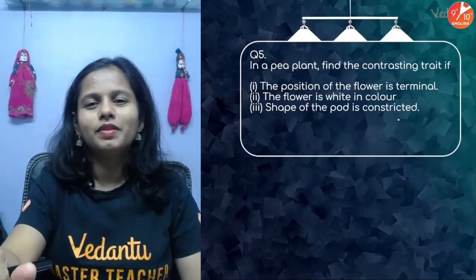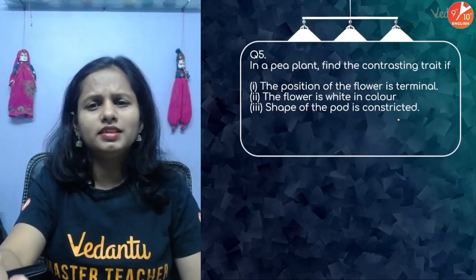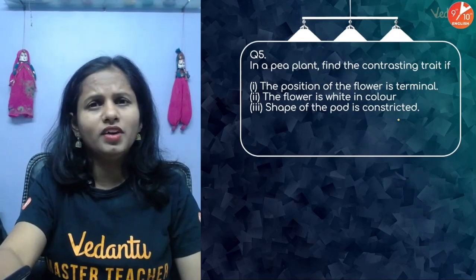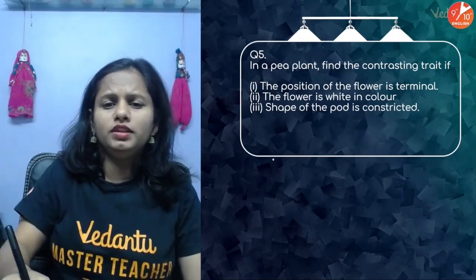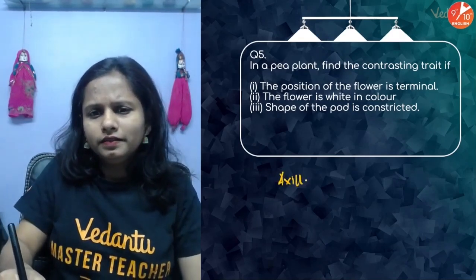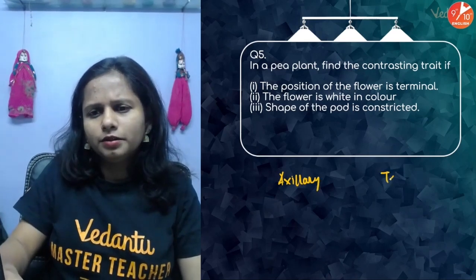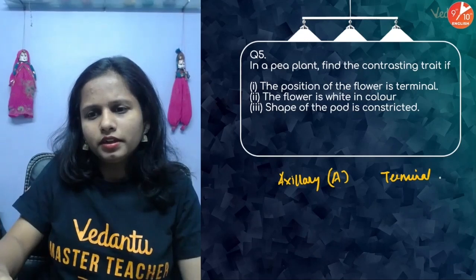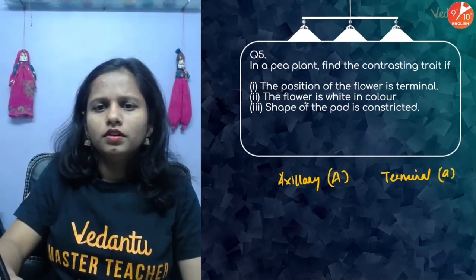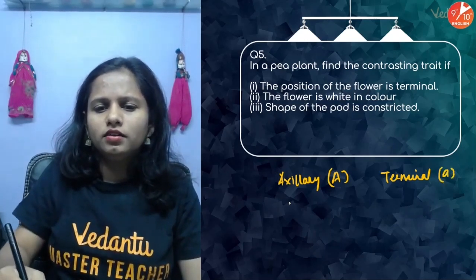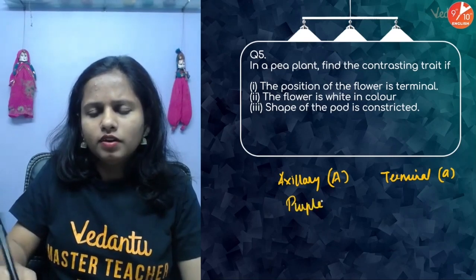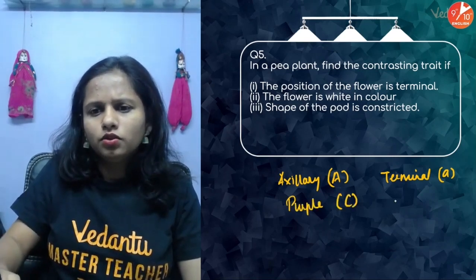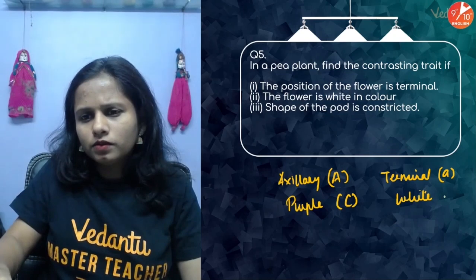Let's proceed. In a pea plant, find the contrasting traits if the position of the flower is terminal. So it's always axillary and terminal. This is dominant and this is recessive. Then if the flower is white in color, the flowers can be purple or white.